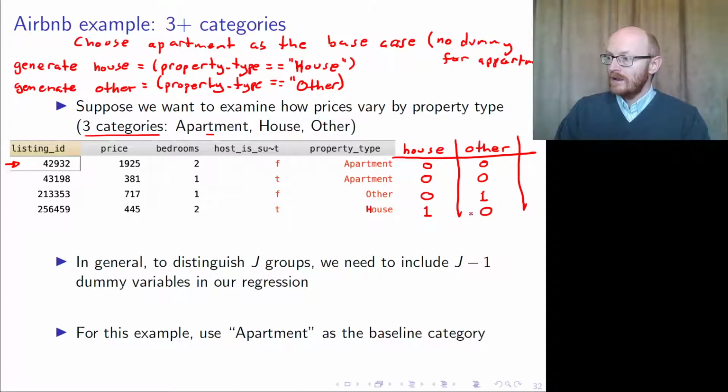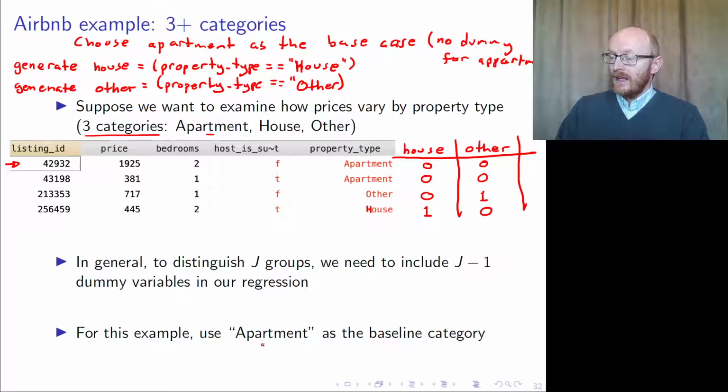Okay, so in general, to distinguish J groups, we need to include J minus 1 dummy variables in our regression. Okay, so you see that if you have J minus 1 dummy variables, you immediately know which category each and every data point fits into.